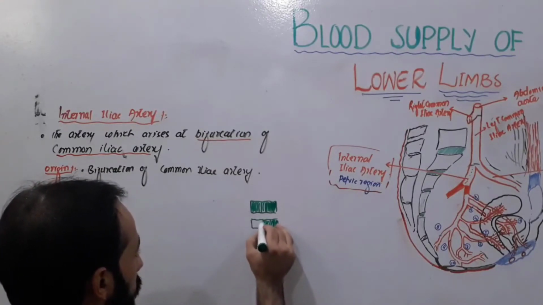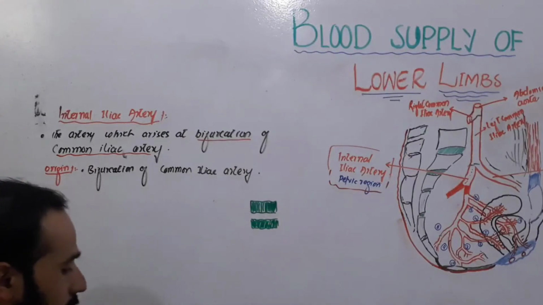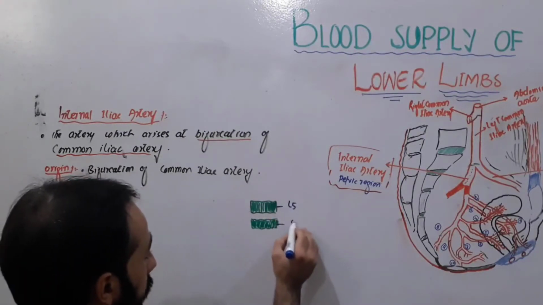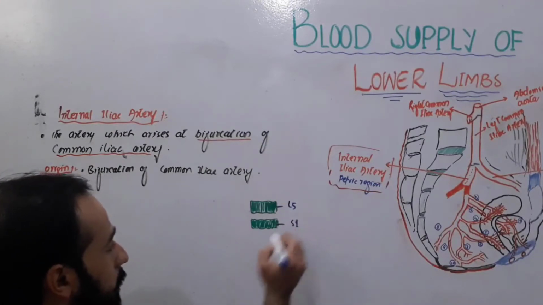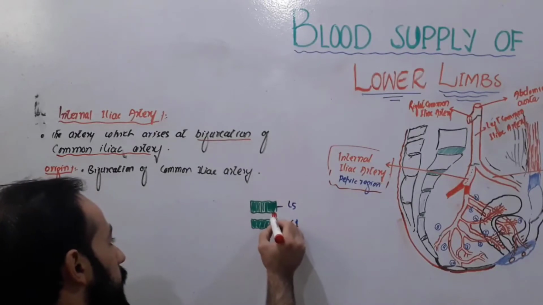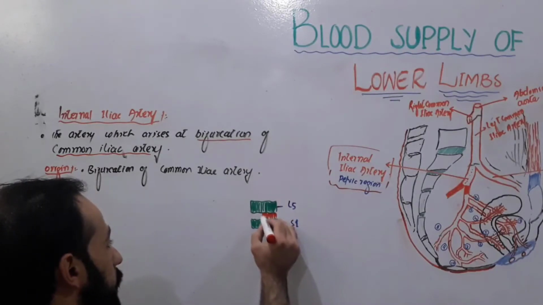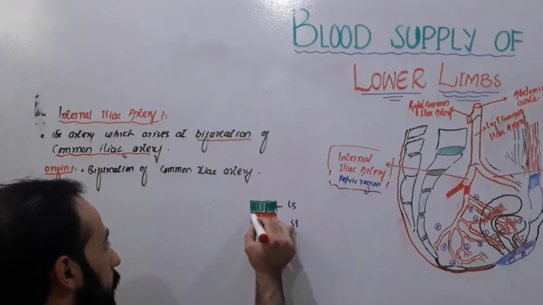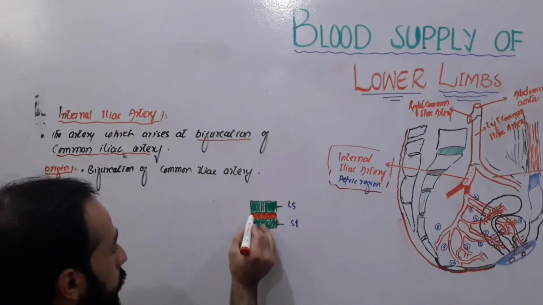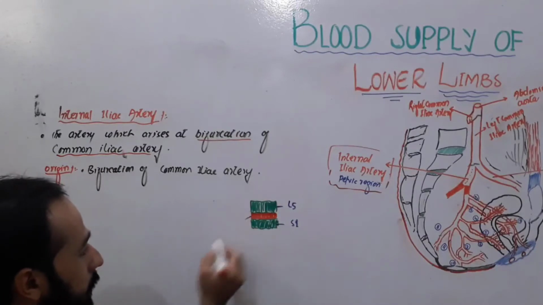So this is our L5, clear friends? And this is our S1, sacral vertebra number 1. In between them, as you know, this is our intervertebral disc, a cartilage which is present between the two vertebrae.